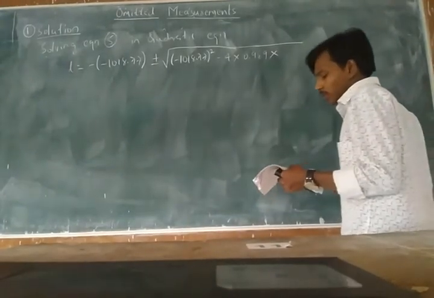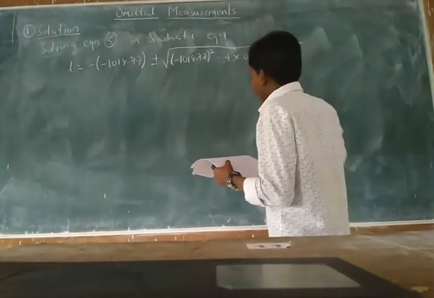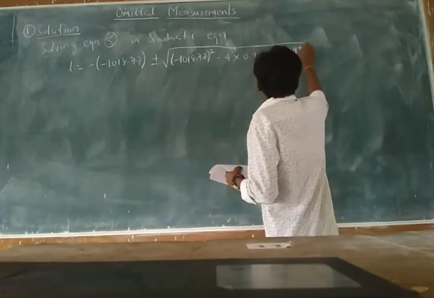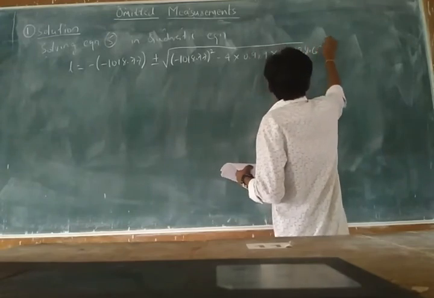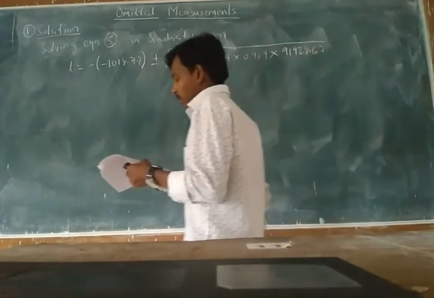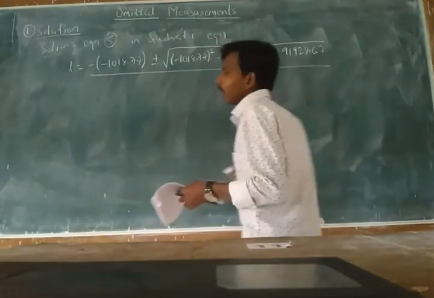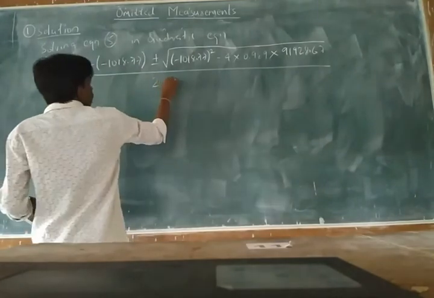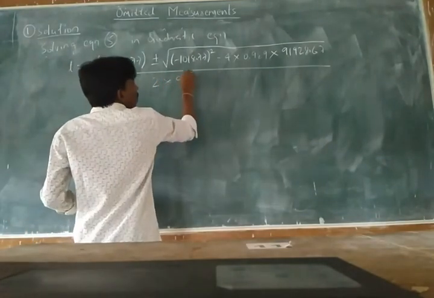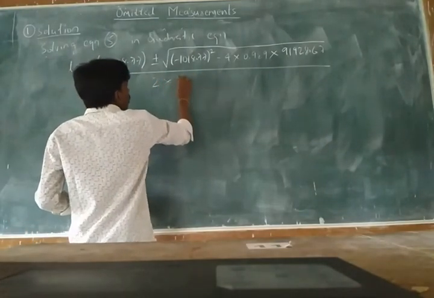C value is plus 91928.67. Now whole divided by 2a. 2a means 2 into a. The a value is 0.989.